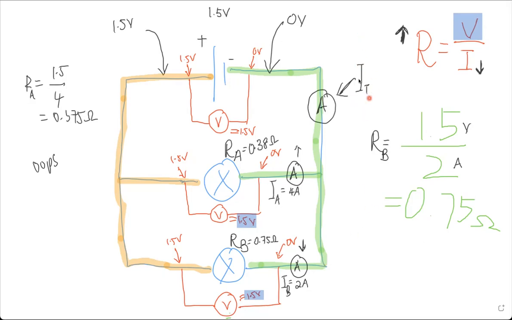So what can you tell me what would be the current here for this point if I put an ammeter here? Current is I, V is the PD.